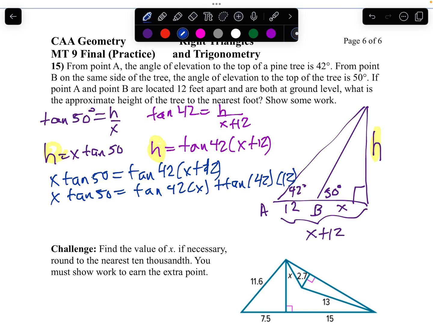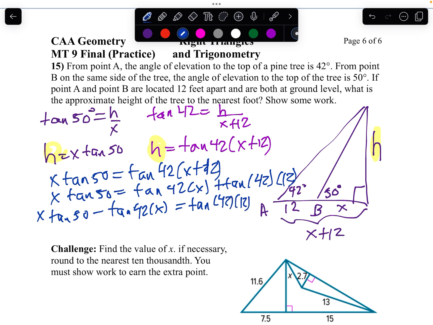And then I want to solve for x. Let's get all x's on the same side. And by the way, you could change these to decimals. I'm not going to, but you could. You might find writing all these tangents out kind of confusing. So you're going to say x times the tangent of 50 minus the tangent of 42 times x equals the tangent of 42 times 12.